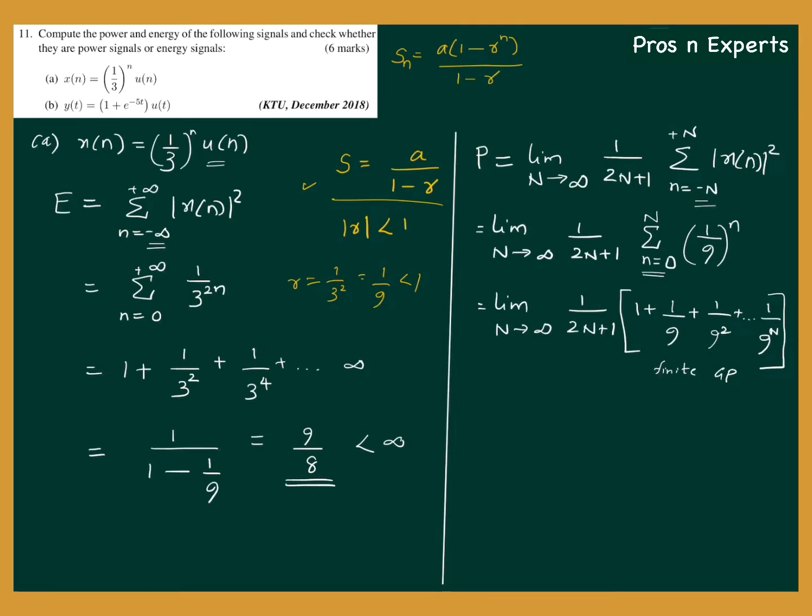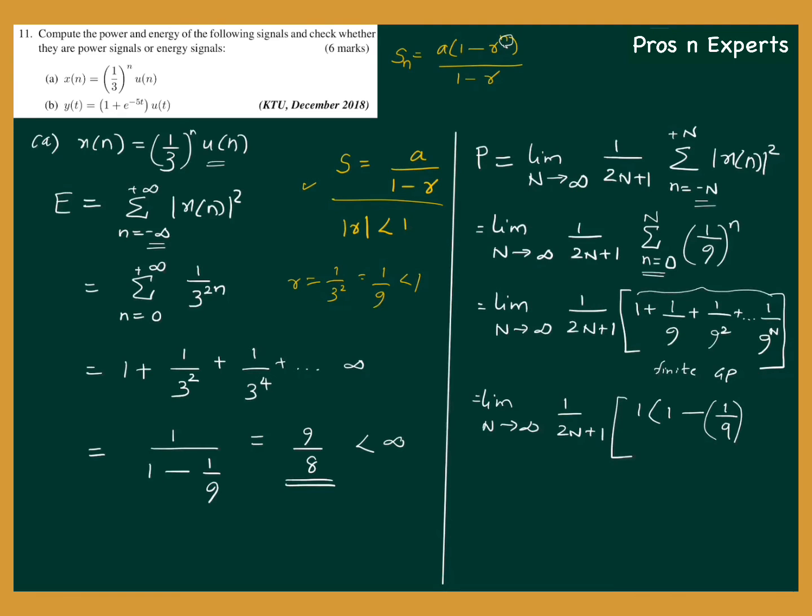Okay, let us come back to the equation. So this is equal to limit n tends to infinity 1 by 2n plus 1 into, what is the sum of this finite GP? The first term is a, 1, into 1 minus, what is the common ratio? The common ratio is 1 by 9, right? 1 by 9 to the power, what is the total number of terms? How many terms are there? It is not n, but it is n plus 1 terms.